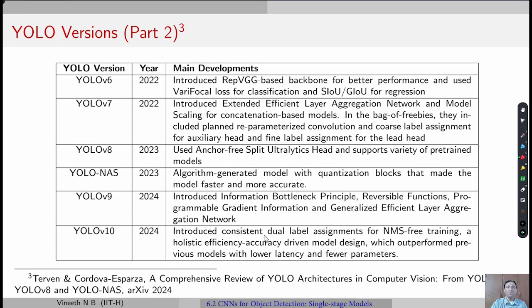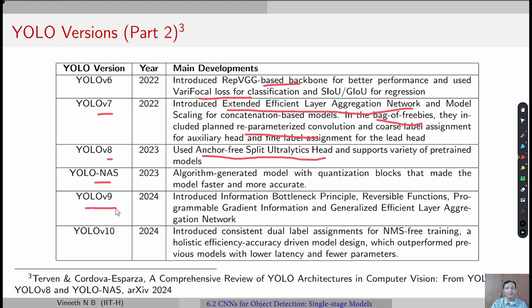This has gone on to YOLO v6, which introduced a backbone and a varifocal loss for classification. YOLO v7, which introduced an extended efficient layer aggregation network and model scaling. They also changed the bag of freebies to introduce reparametrized convolution and coarse label assignment. YOLO v8 brings in anchor-free split ultralytics head. Then there is YOLO NAS.